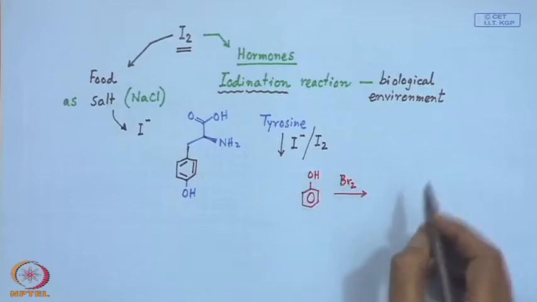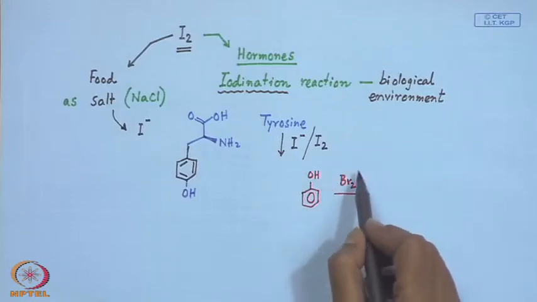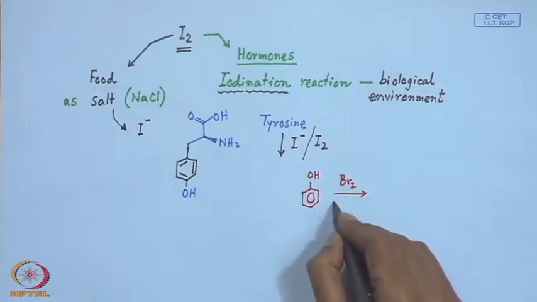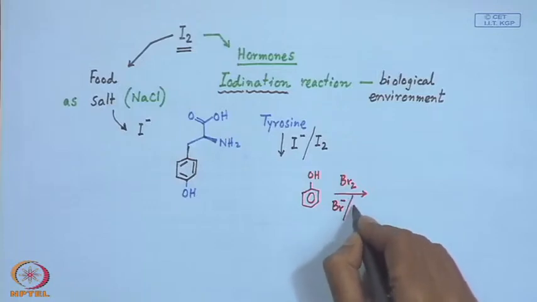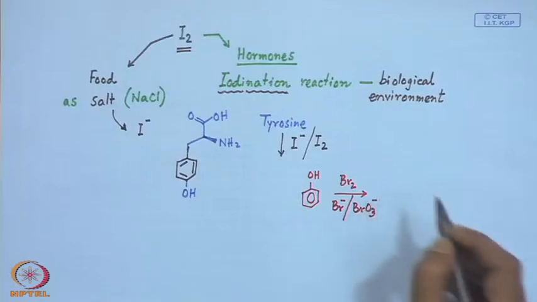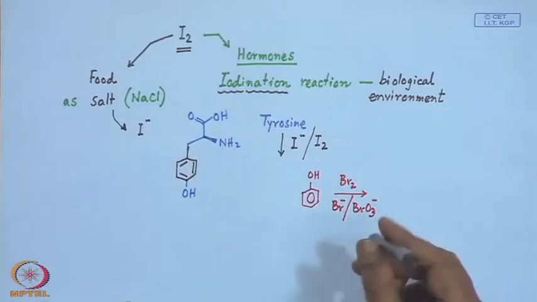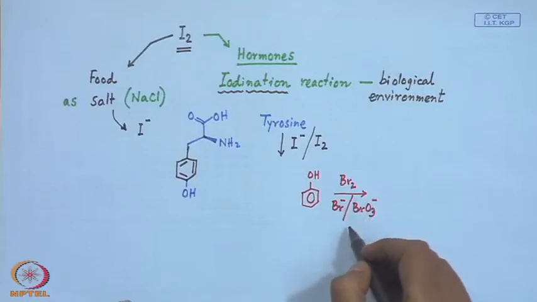That means, phenol can be brominated by the use of simple elemental bromine or a bromide-bromate mixture. That means, if we add the bromide ion as well as the bromate ion, basically these two, a bromide-bromate mixture. This bromate is nothing but the corresponding oxidizing agent, the oxidant.